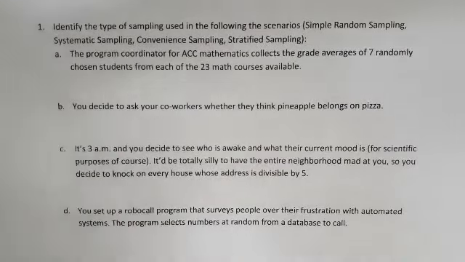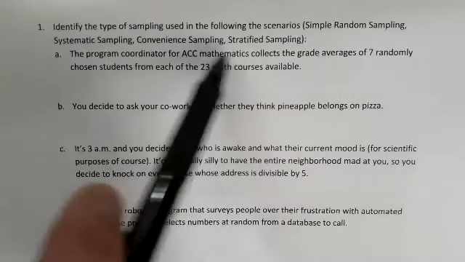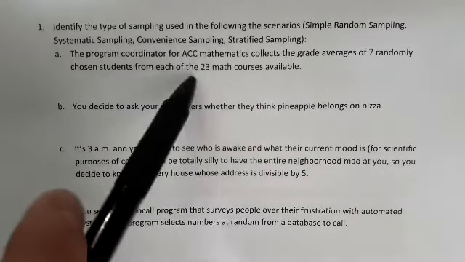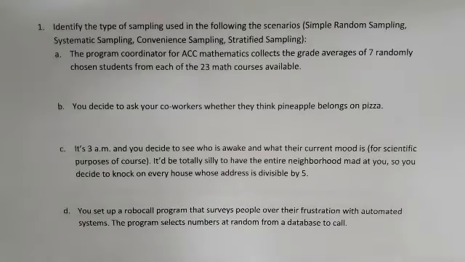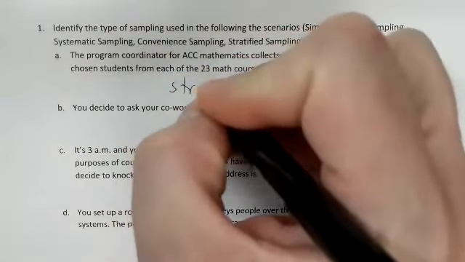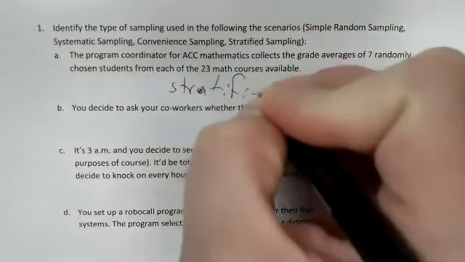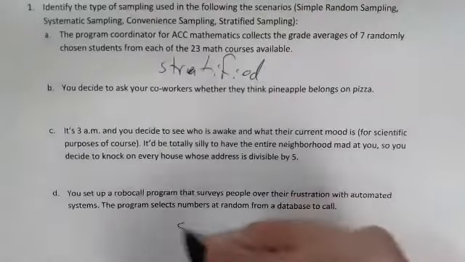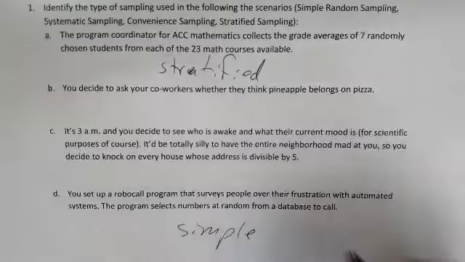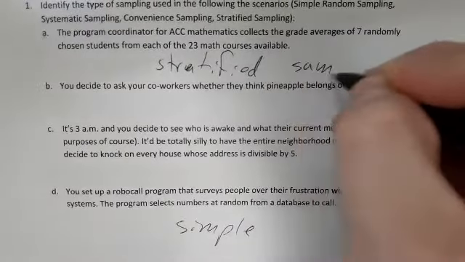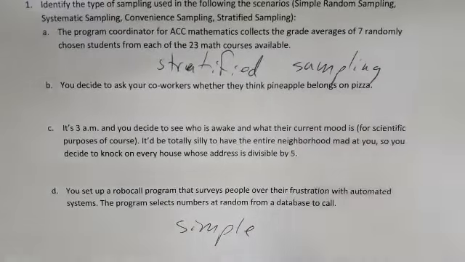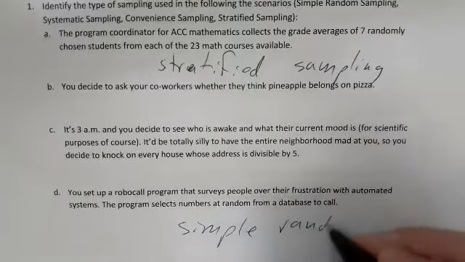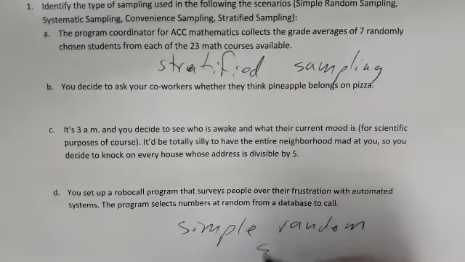This one, we're grouping them by the course, and so we're doing 7 out of each of the 23 courses. So this is the one where we have things grouped, and so this would be the stratified sampling. And this would be the simple random sampling.